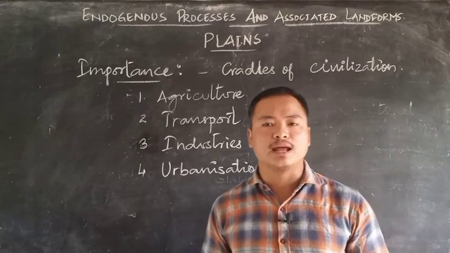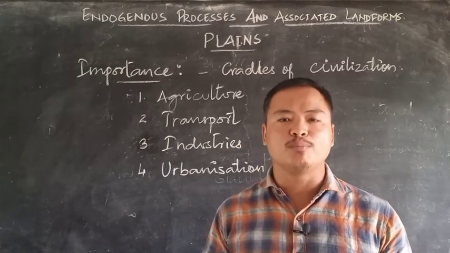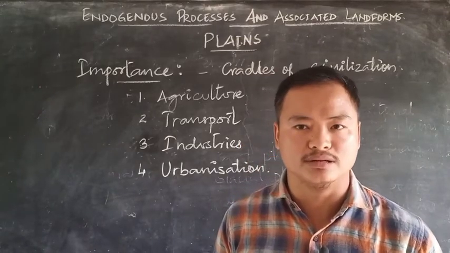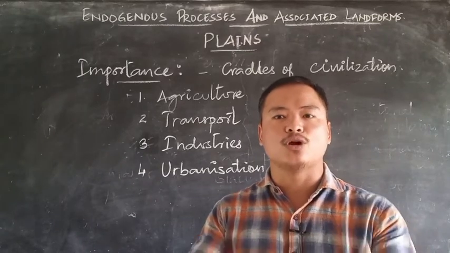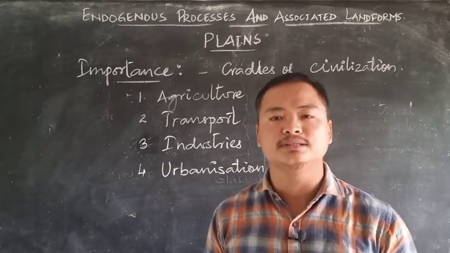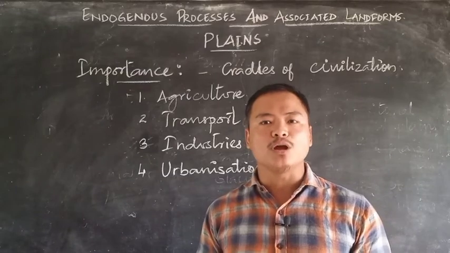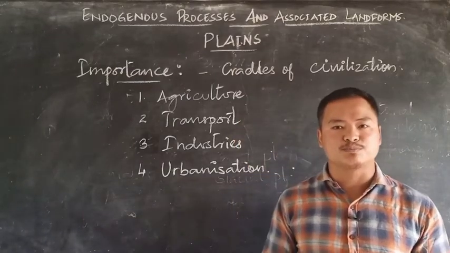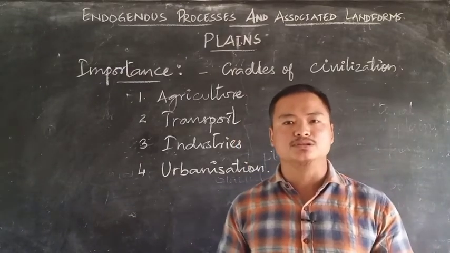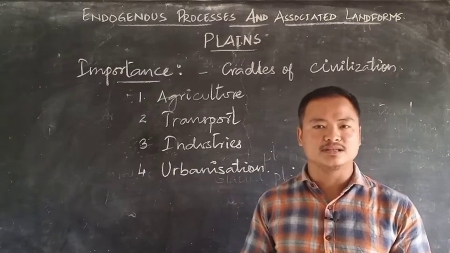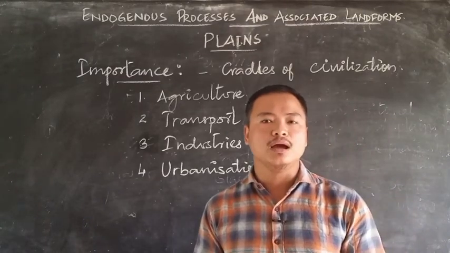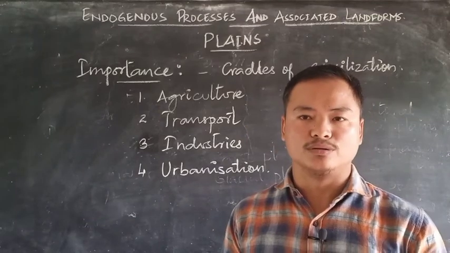When we say urbanization, we mean a large population concentrated in one particular region, and industries offer a lot of opportunities for employment. These employment opportunities attract population to reside within the plain regions, hence leading to urban centers or urban growth.